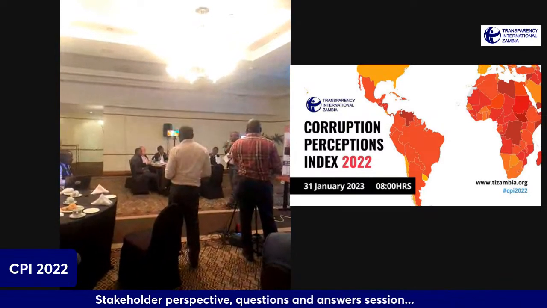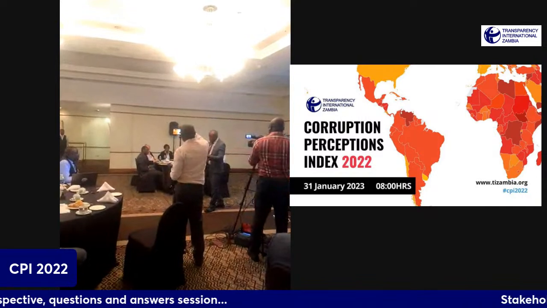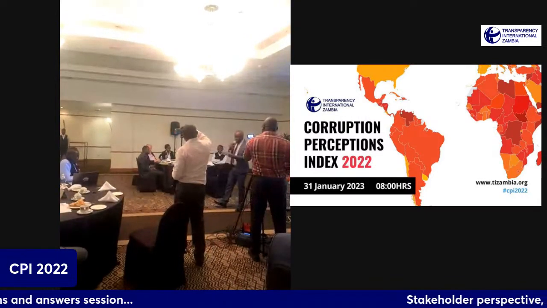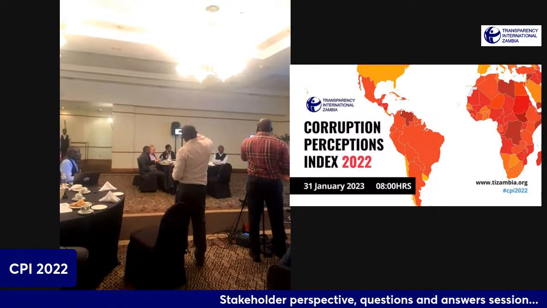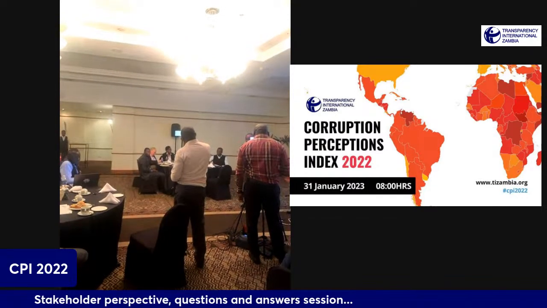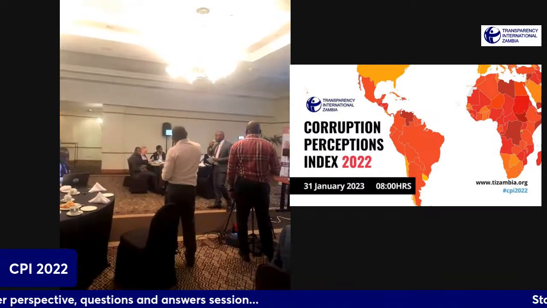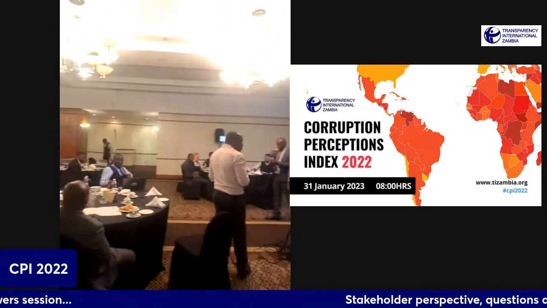Do we have FIC in our midst? Okay, anyone can pick this one. They are lamenting that the illicit financial transactions are alarming in this country. So what strategies can we put in place to be able to curb this?